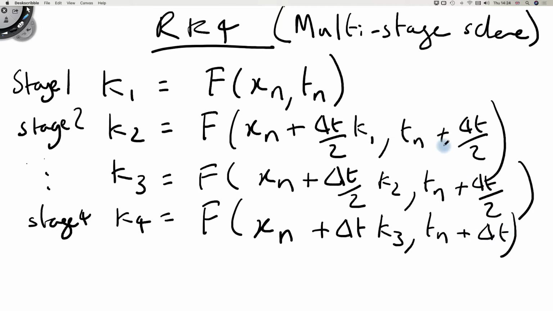Okay, so it's a sequential multi-stage scheme. You have K1, use K1 to evaluate the function somewhere in the middle, then use K2 to evaluate another function in the middle, then use K3 to evaluate a function somewhere at the end, because we've got delta T on 2 there.